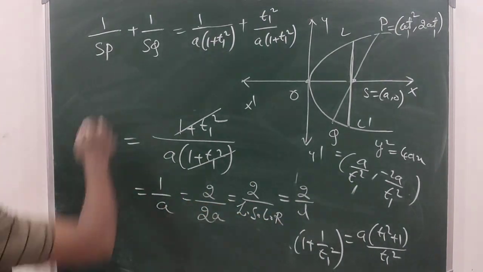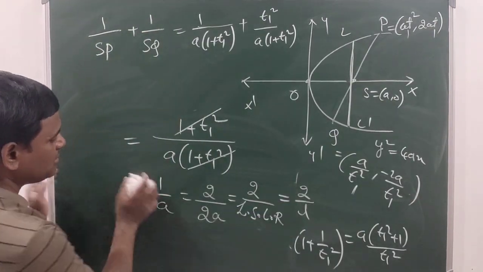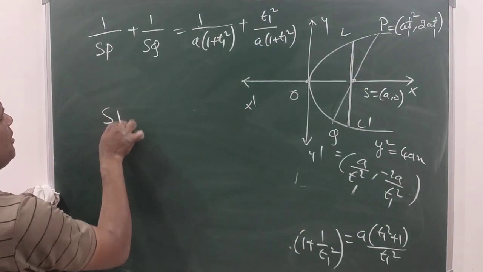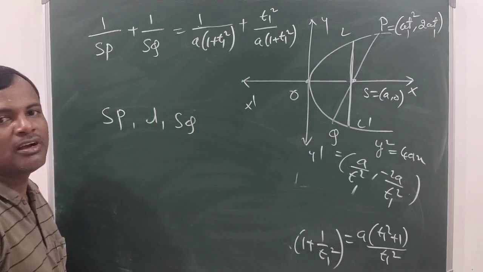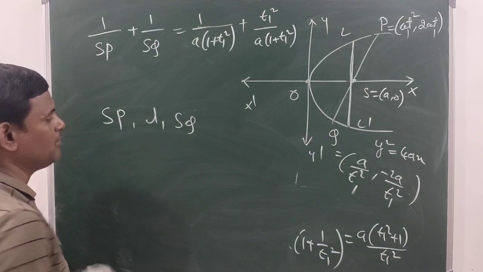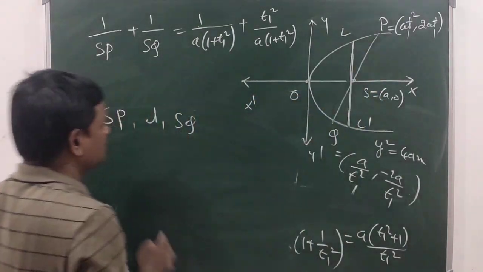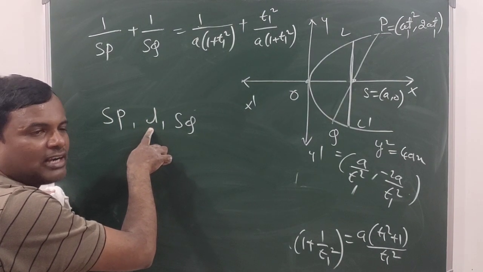So what you got? 1 by SP plus 1 by SQ is equal to 2 by L, which means SP, comma, L, comma, SQ will form a harmonic progression. SP means one of the focal distances, and L is half of the length of the latus rectum.